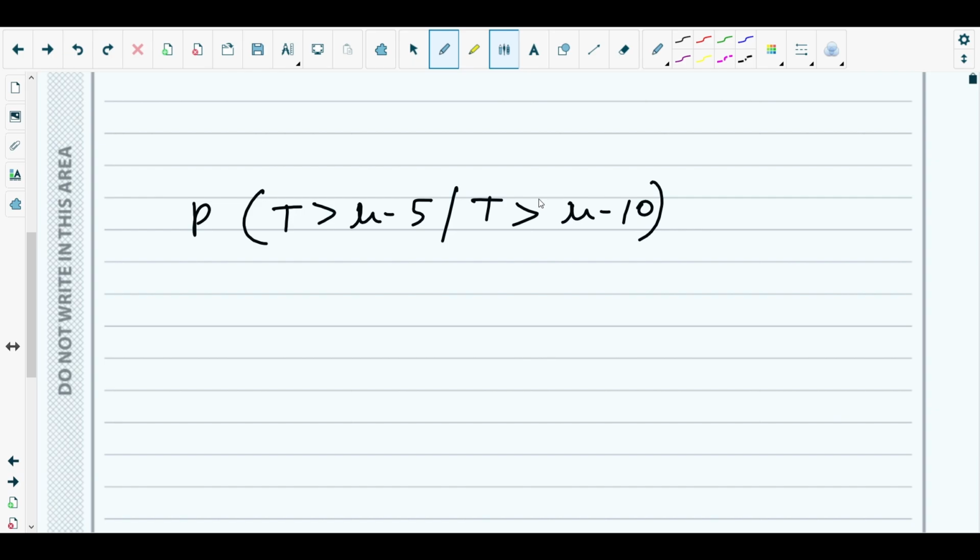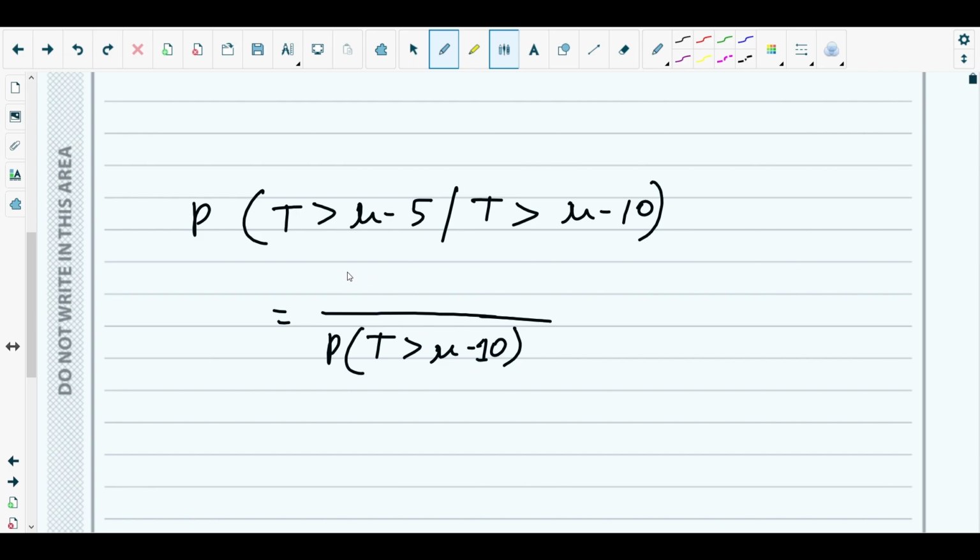So this is conditional probability, right? That is from chapter 4, the probability chapter from your statistics S1 book. For conditional probability, the condition will always be in the denominator. So the probability of t greater than mu minus 10 would be in the denominator. And on the numerator, what would it be?